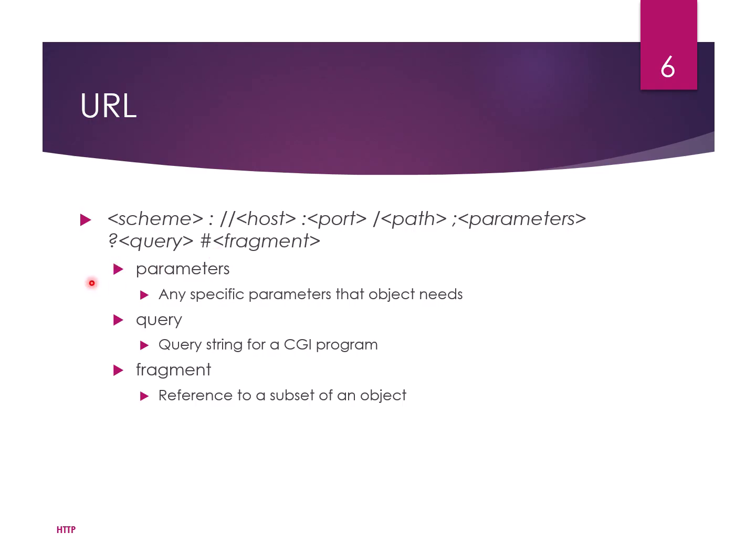Parameter means specific values the object or resource might need, for example sections, IDs or options. Second one is query. Query means a query string often used to pass data to programs like CGI programs. Next, third one is the fragment.